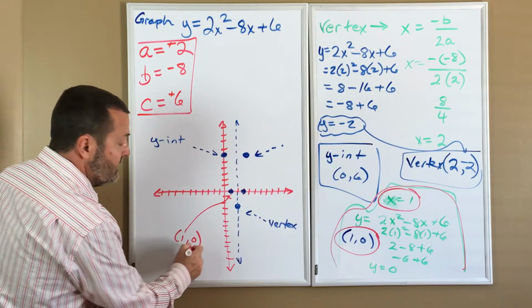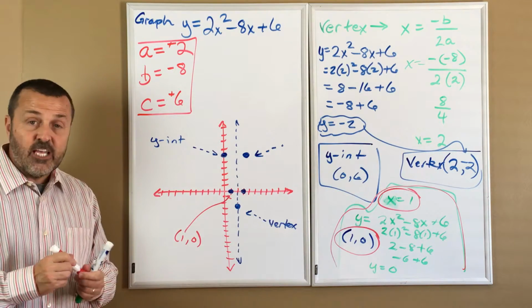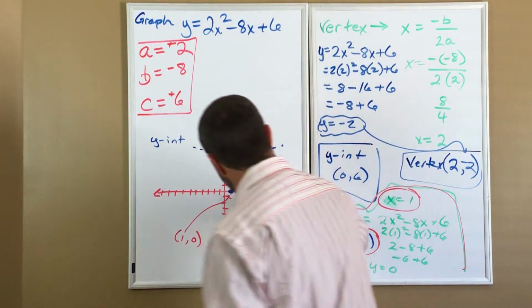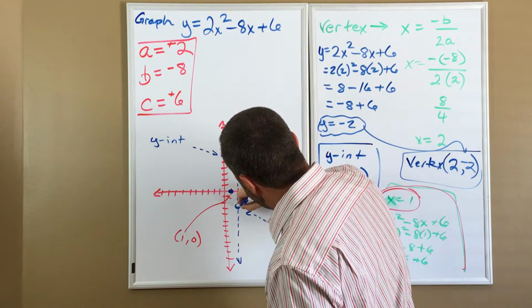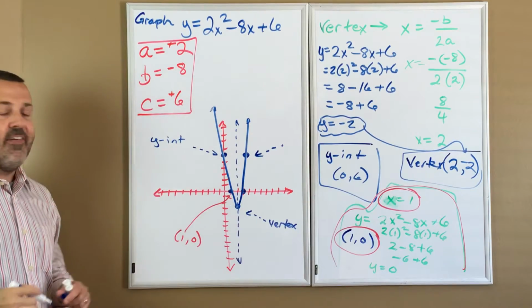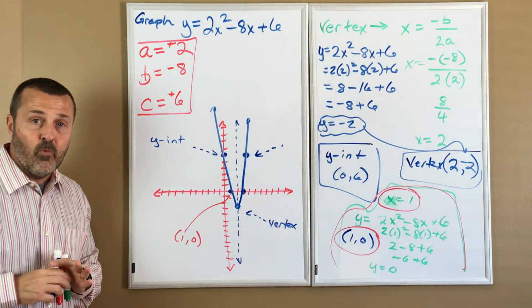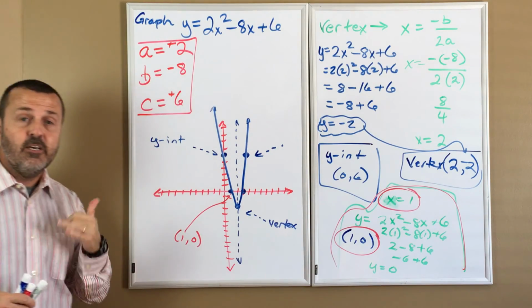That was 1, 0. And then I've got a reflection. Now the last part is to actually graph the function. This is a narrow function. And it looks something like that. That is part 3 of lesson 1.1, graphing y equals ax squared plus bx plus c.